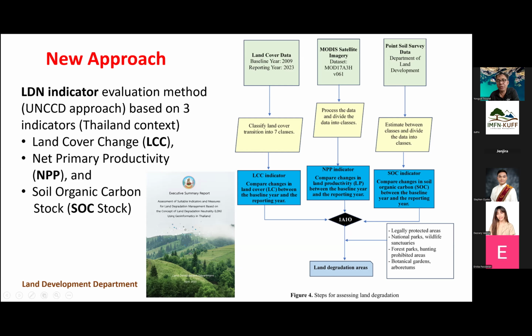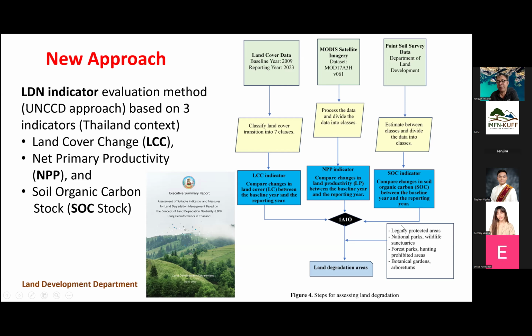Based on the spatial analysis of these 3 factors, they can then overlay it with the protected area. It means that within the protected area, the national park or wildlife sanctuary, the land use land cover change, NPP and soil carbon will remain.